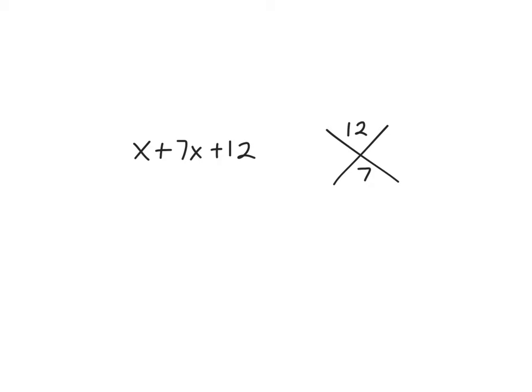Now let's jump back into this setup and examine it a little bit further. What we said before is that I took the last number and threw it on top, and then I took the middle number and threw it on the bottom. But now, if we're going to investigate what happens when the leading coefficient is something other than 1, let's check out what's happening when that lead coefficient is still 1.